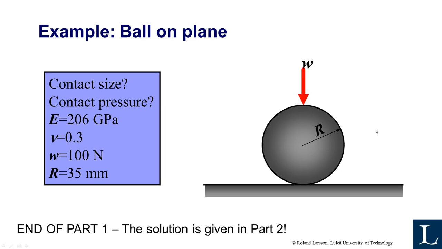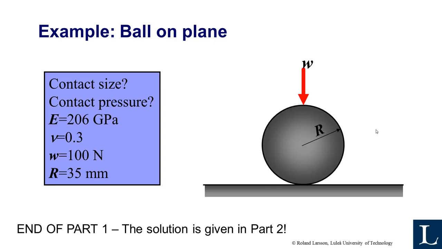Okay, let's apply this very simple theory to an example, a ball on a plane. You can think about this. You can compute it by using this theory. You can compute the contact size. What is it? You can compute the contact pressure. What is it?